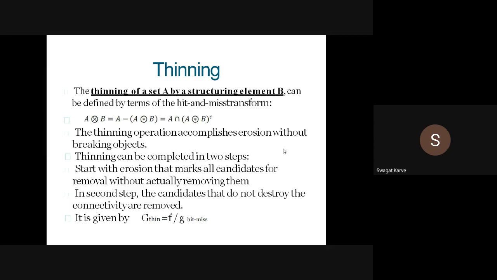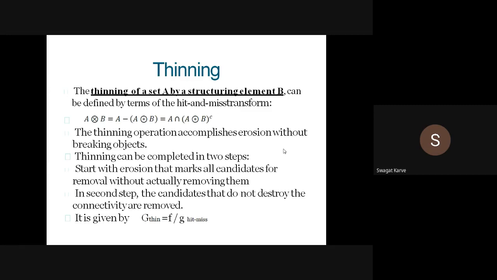First, you have to perform the erosion operation. What will erosion do? It will shrink the shape and simply mark the border of the shrunk object. This is the first step. In the second step, in that shrunk object's border, you have to check for connectivity. Wherever you find throughout connectivity, those objects are removed.